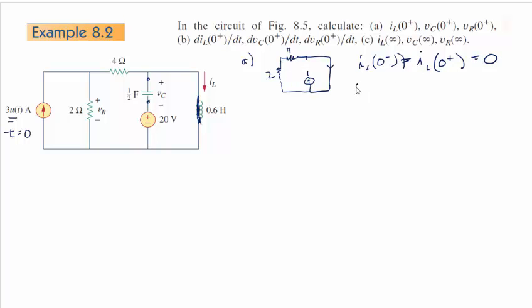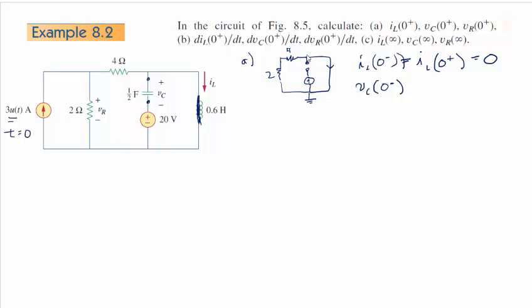So what about voltage in the capacitor? Voltage in the capacitor at time 0 minus equals the same thing at time 0 plus. What do we see here? We'll call this our 0 reference place. If that's at 0 volts, this is a short, so that must be at 0 volts right here. But I went up 20 volts right here, and now I have to be back at 0.